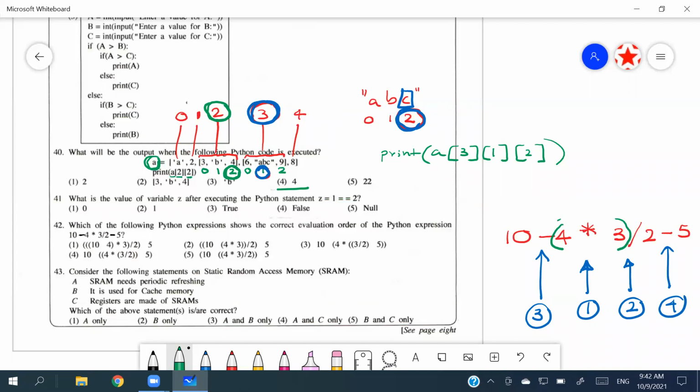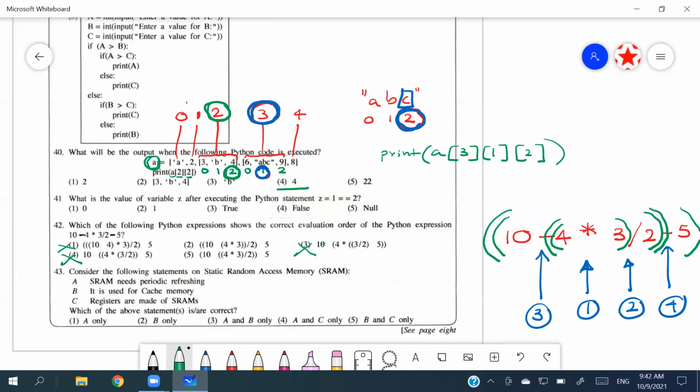Then this is going to happen second, and this is going to happen third. Finally, the big one is going to happen, right? So 4 into 3 happens first. Because of that, this is wrong, and this is wrong, and this is wrong as well.